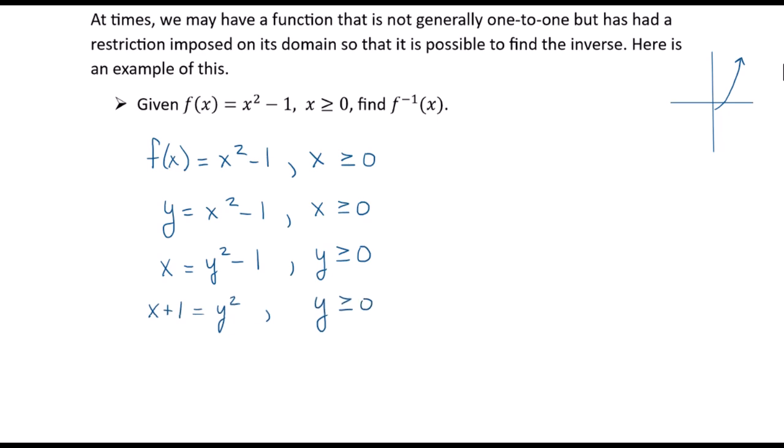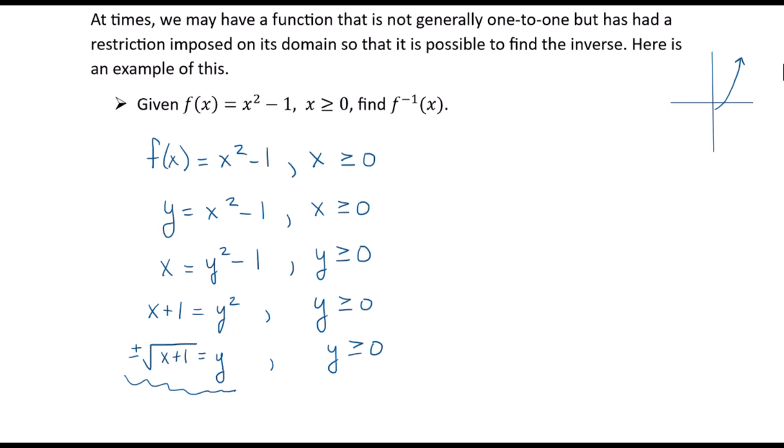Now we take the square root. So y is equal to plus or minus the square root of x plus 1, and y is greater than or equal to 0. Now we're looking at this function. This is not a function here. Y is plus or minus something.